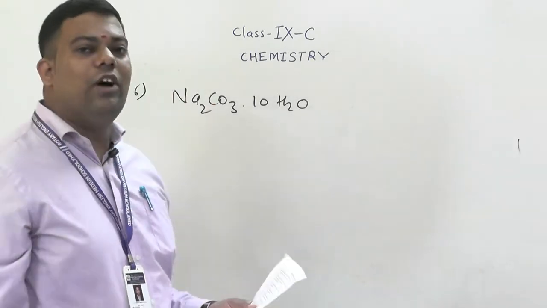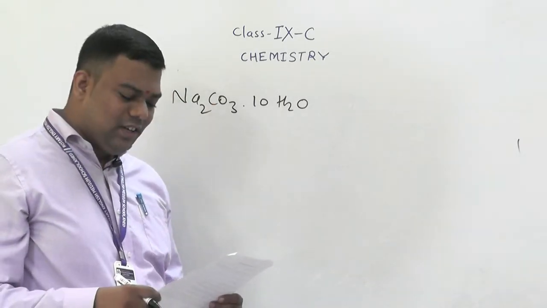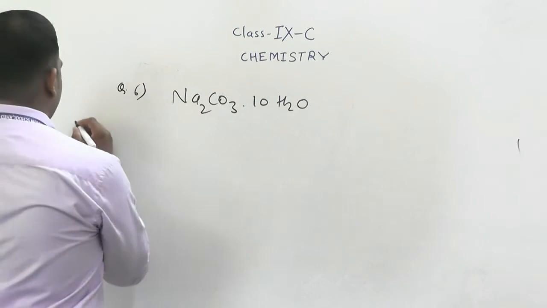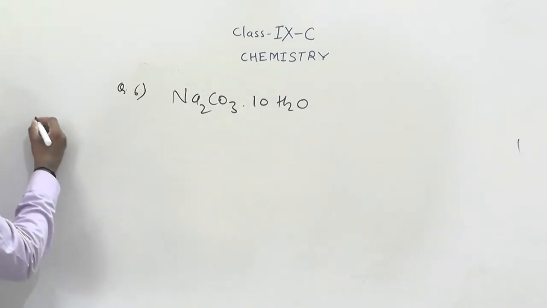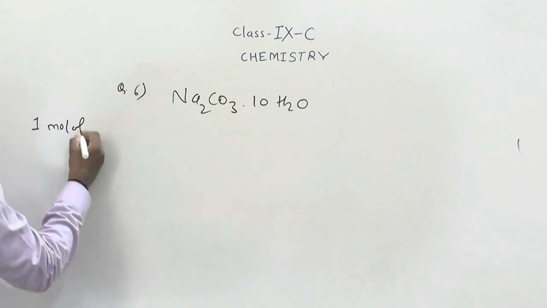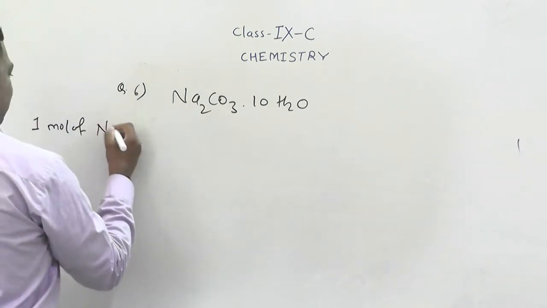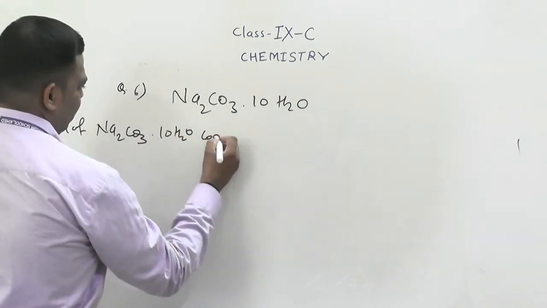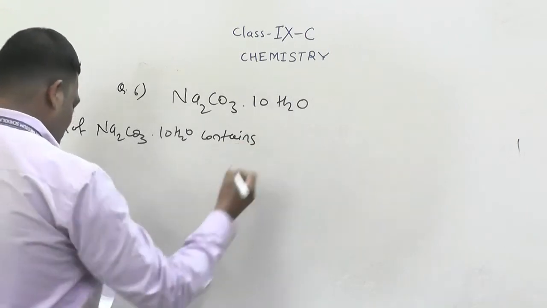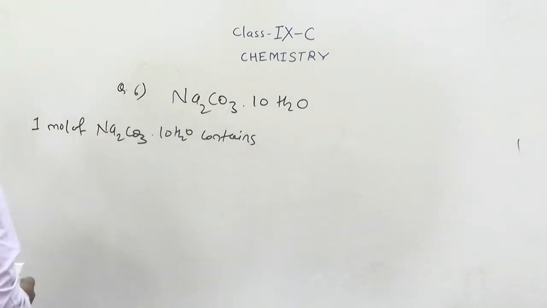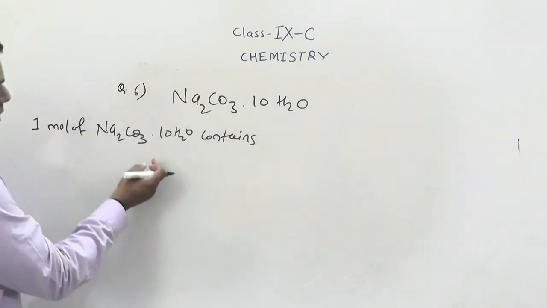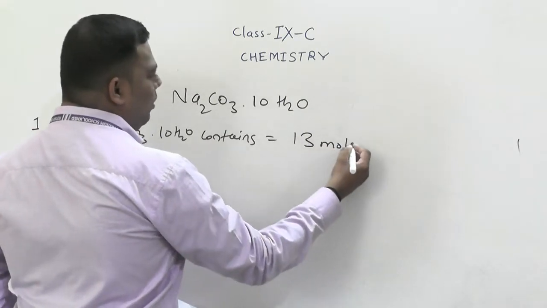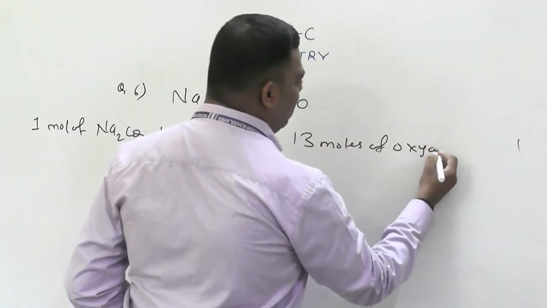From that we are going to calculate the number of grams of oxygen. First you have to calculate how many oxygen atoms are there in 1 mole. So we write: 1 mole of Na2CO3·10H2O contains how many oxygen atoms? Yes, these 3 and these 10, so total 13 moles of oxygen atom.